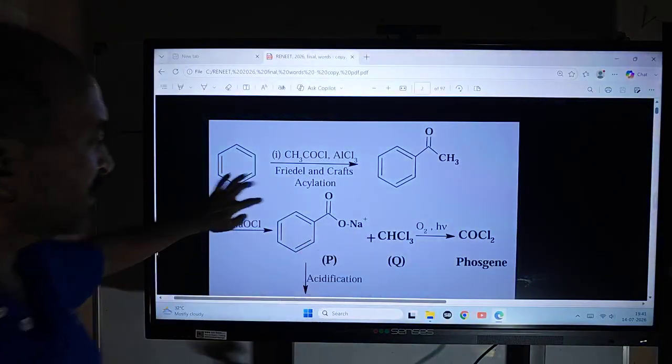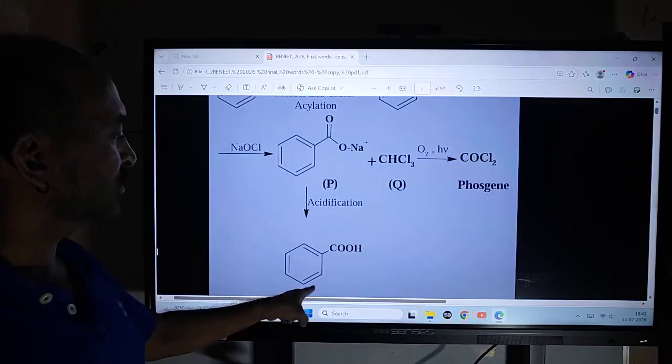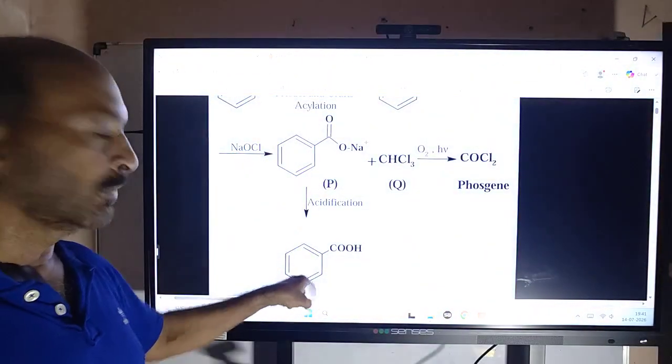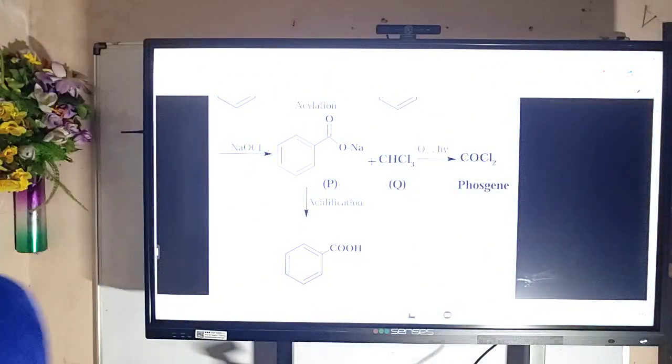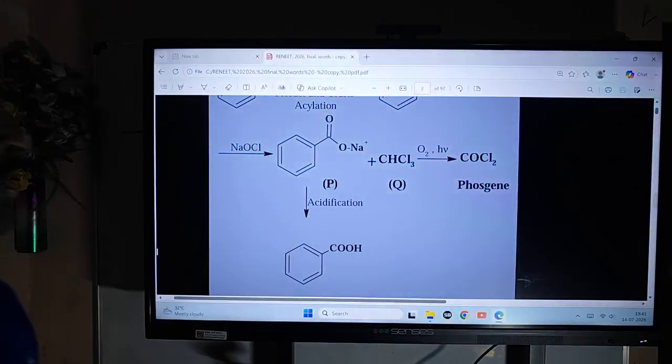And what they further say: P on acidification gives an acid. Yes, it is correct. Sodium benzoate gives benzoic acid on acidification. And what is mentioned about Q? They say that Q upon exposure to oxygen in the presence of sunlight gives a poisonous gas.